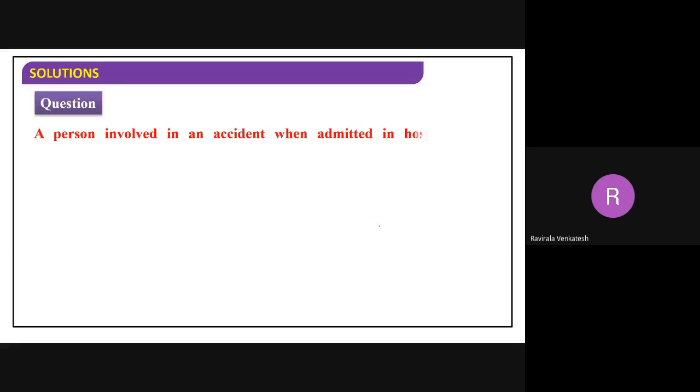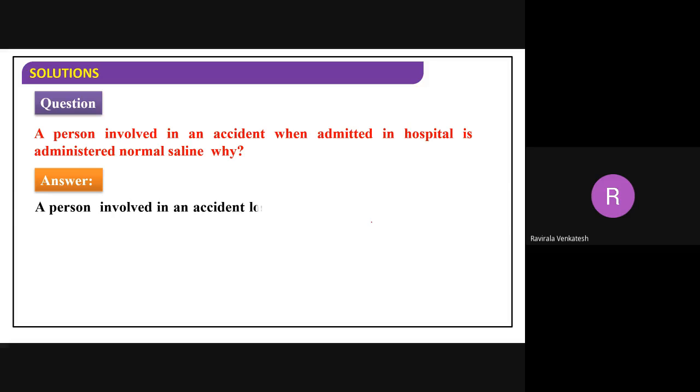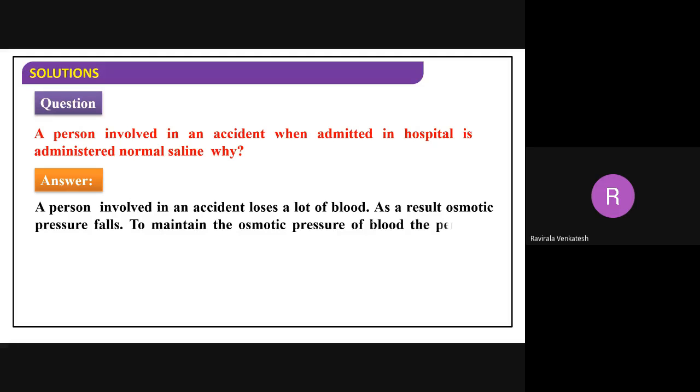A person involved in an accident, when admitted in hospital, is administered normal saline. Why? What is the reason? Because a person involved in an accident loses a lot of blood.